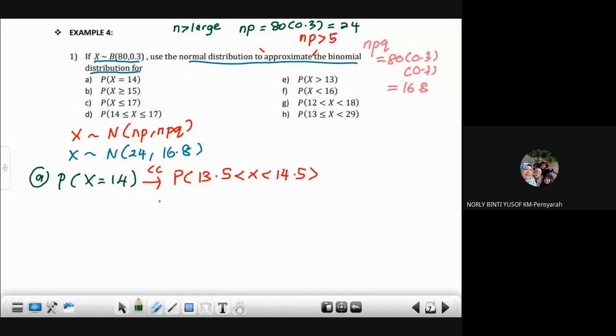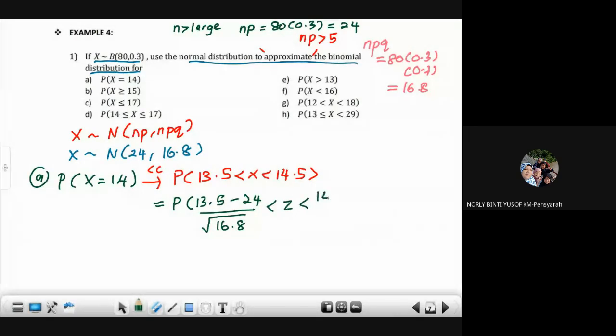Barulah you standardize the score Z. So standardization ni sama dah. Dia ulang 7.2 yang sebelum ni dengan 7.1. Cuma baru dia adalah pada continuity correction. So minus 24 divided by standard deviation. Standard deviation mesti square root 16.8.